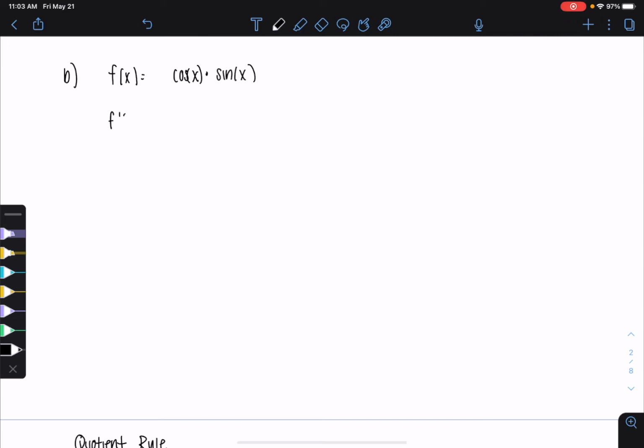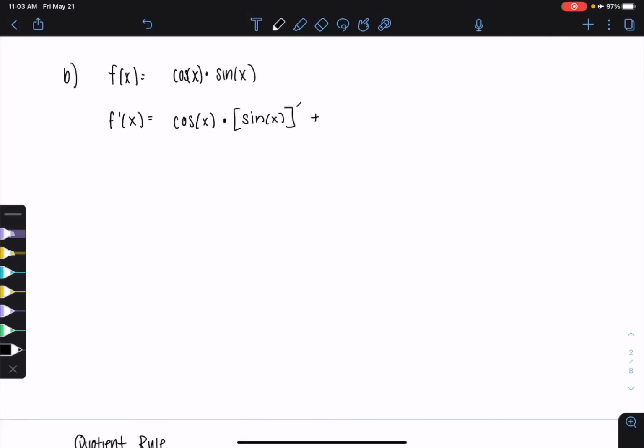So again, the product of two functions, I'm going to keep the first, multiply by the derivative of the second, add to that the derivative of the first times the second.